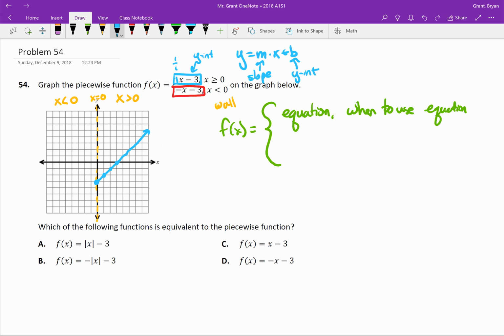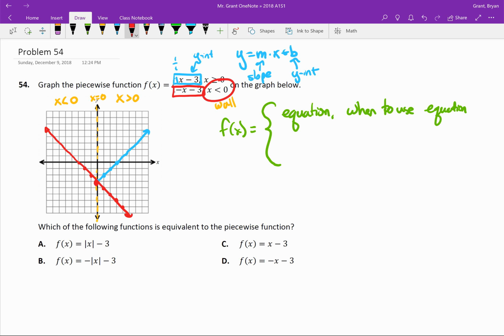Now let's take a look at our second equation. Our second equation says that we want to do the equation negative x minus 3. Negative x minus 3 starts at negative 3 and then goes down 1 over 1 because of that negative slope. It's going to look something like that. Now I have the red equation, but I don't want the whole thing.